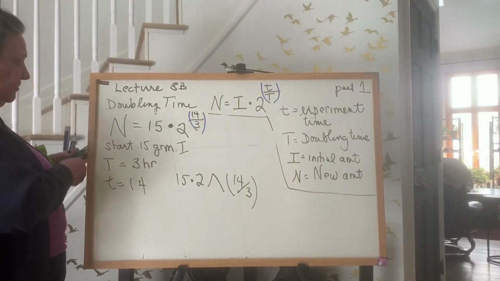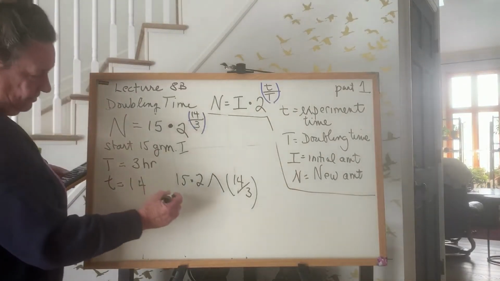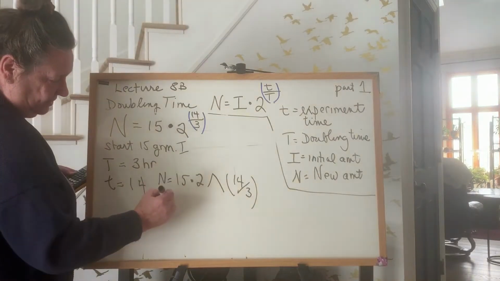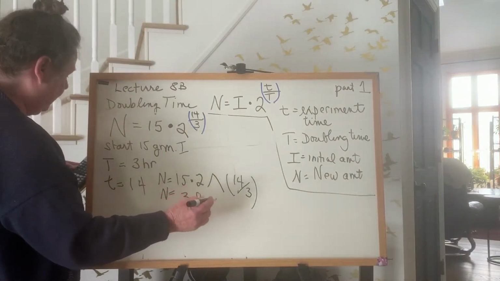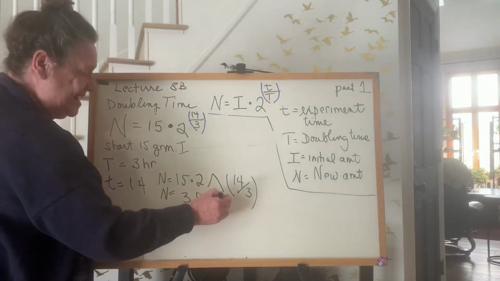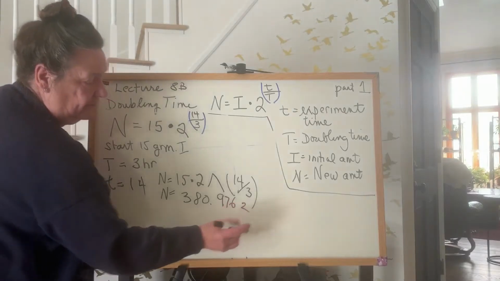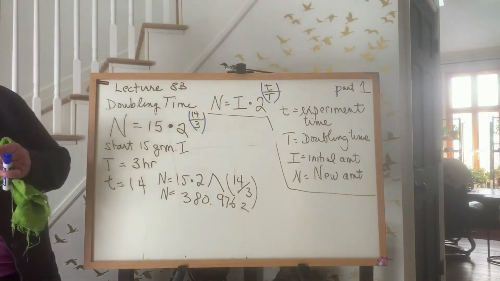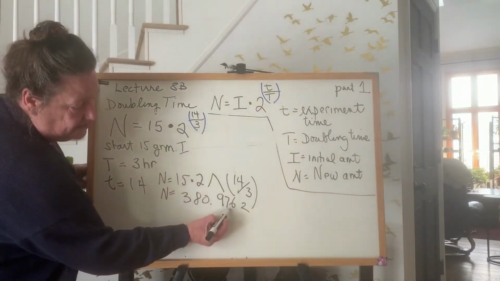is 380. Oh my goodness, it really grew. New equals 380.97625. Okay, so suppose I said to round to the nearest hundredth. So here's the hundredth.